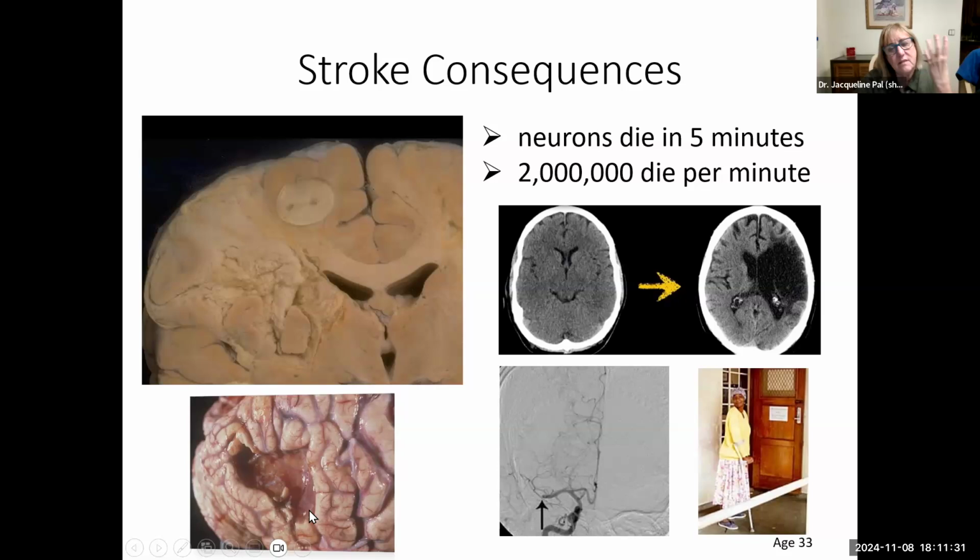And so what happens is you have normal cells in your brain, which will eat up all this necrotic dead material over time. And so this person lived for years after their stroke. And so basically that's where their stroke was. And so they've just got that hole in their brain where the stroke was.